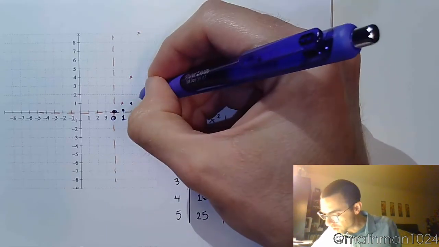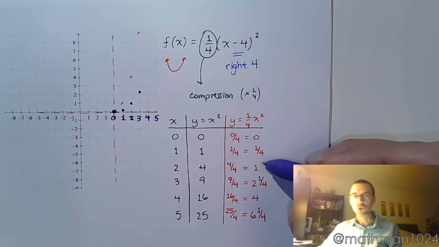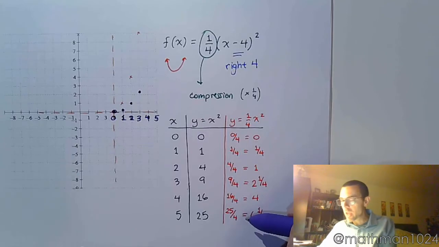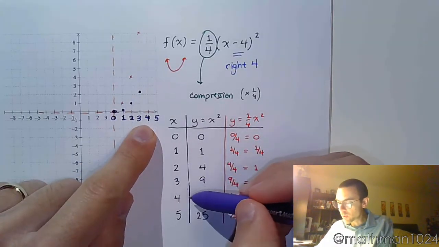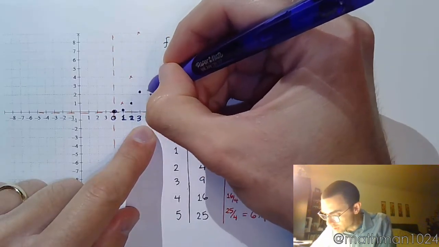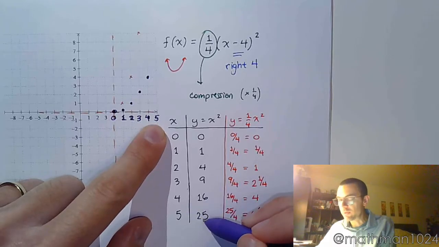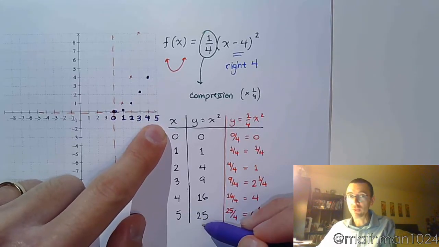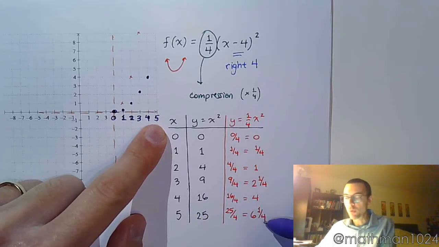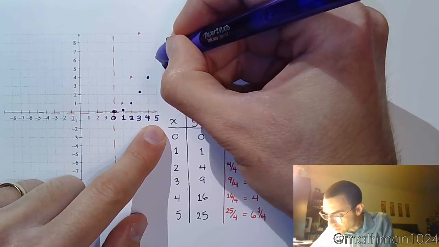9 divided by 4 is 2 and a quarter, which is why I've got this little chart over here to follow. If I go up 4 units, 4 squared is 16. 16 divided by 4 is 4. So 1, 2, 3, 4. 5 squared is 25. So it normally wouldn't fit on the chart, but then I divide it by 4 because of this 1/4, and I get 6 and a quarter, like that.